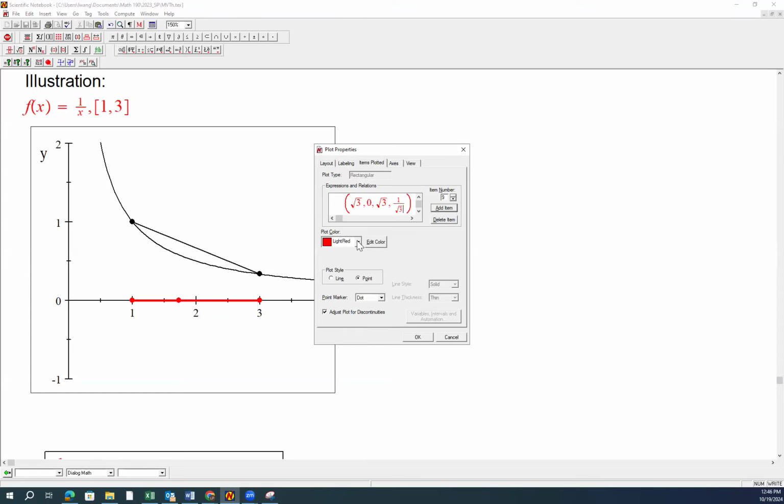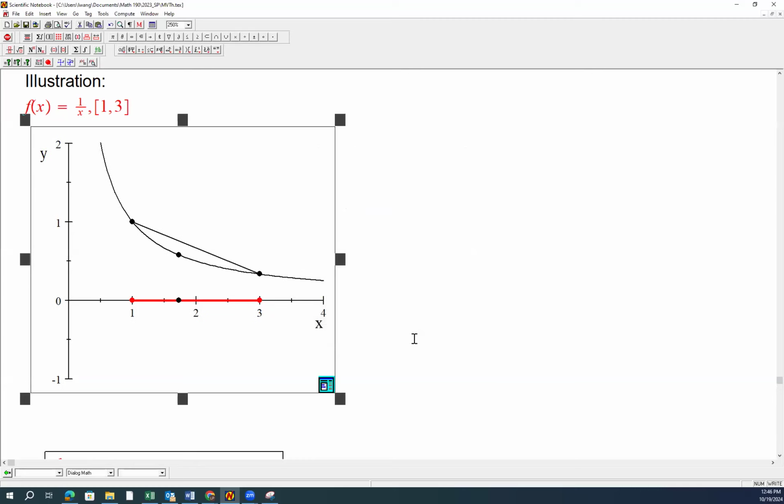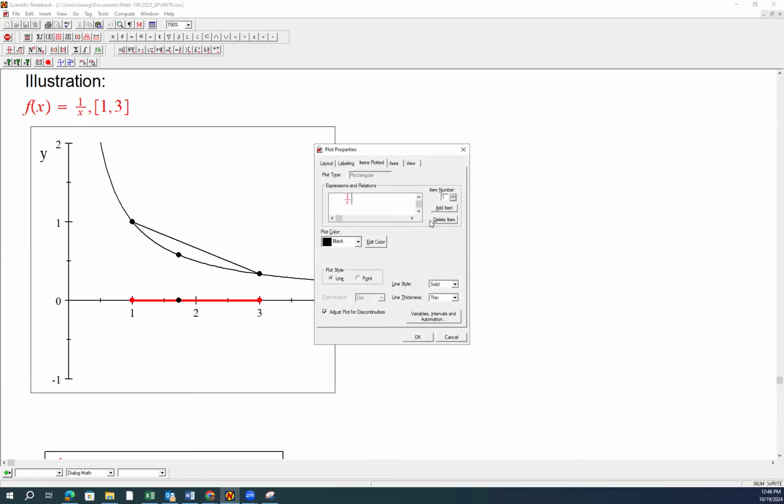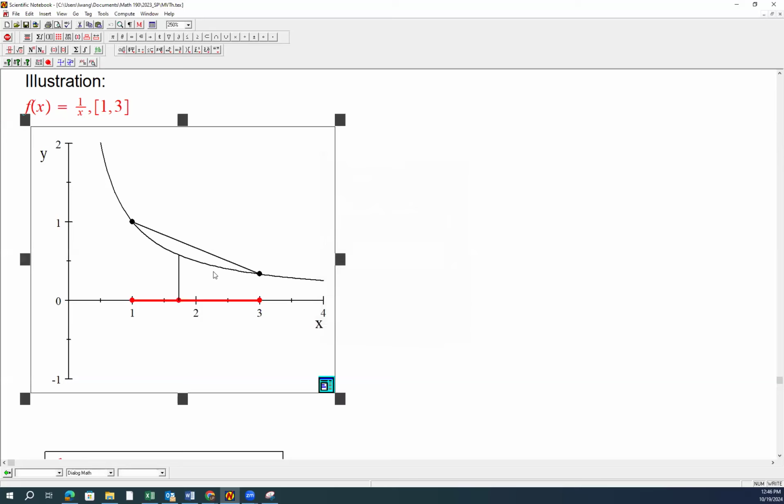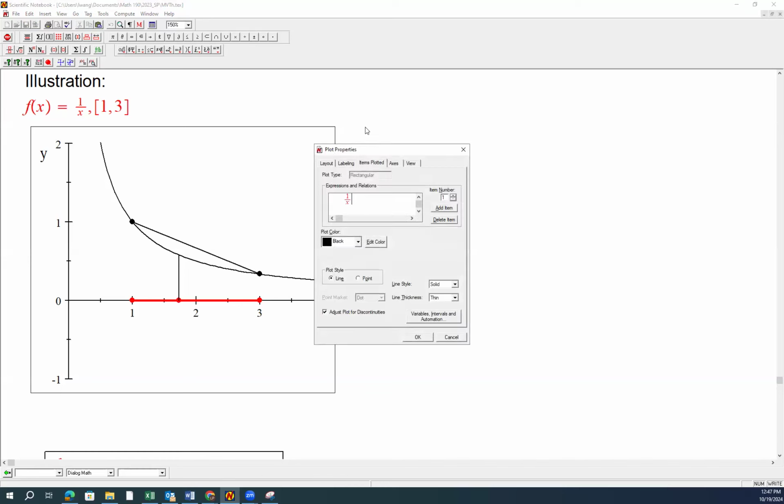Okay, so this is the vertical line. Oh, sorry. Where is it? Oh, it should be a line. Okay, so this is f of C. And this point is C. We're going to mark it later.